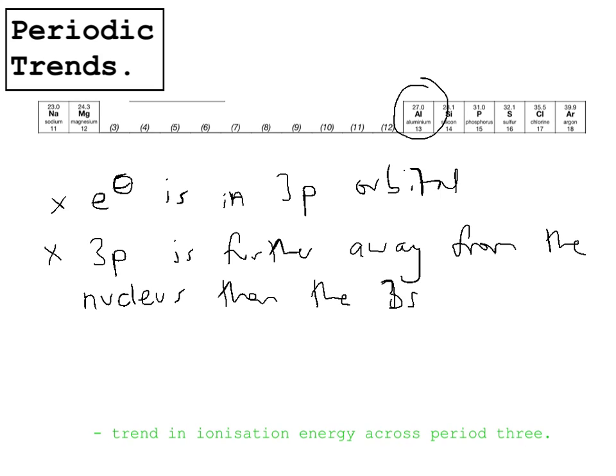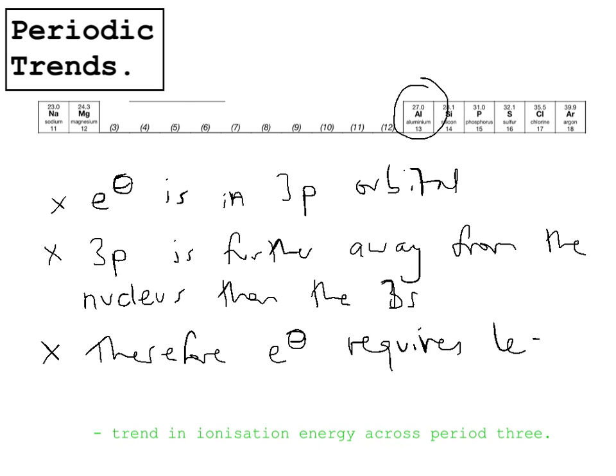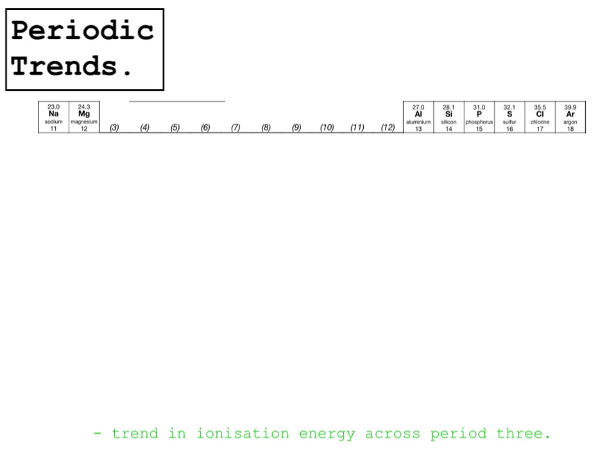And the last thing we say is that therefore the electron requires less energy to remove. And that's how you'll go through, that's the process you'll go through for any question that asks you to compare two ionization energies of two elements.